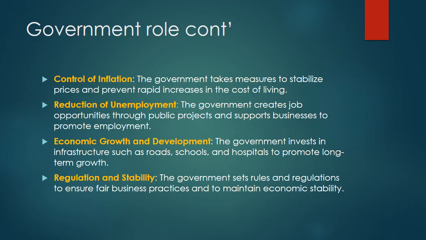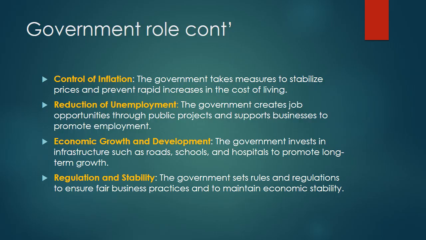The government also controls inflation. The government takes measures to stabilize prices and prevent rapid increases in the cost of living. It's the government that usually controls how the prices of goods and services are set in the economy.